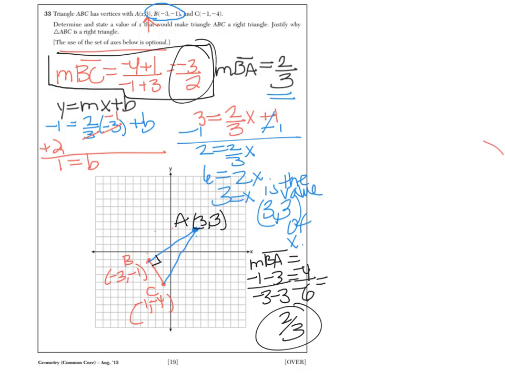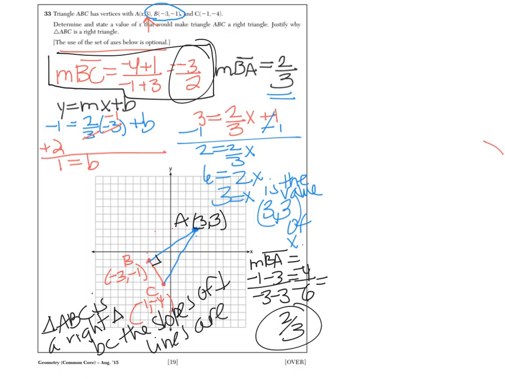So there's my opposite reciprocal slopes. Okay, so triangle ABC is a right triangle because the slopes of perpendicular lines are negative reciprocal slopes.